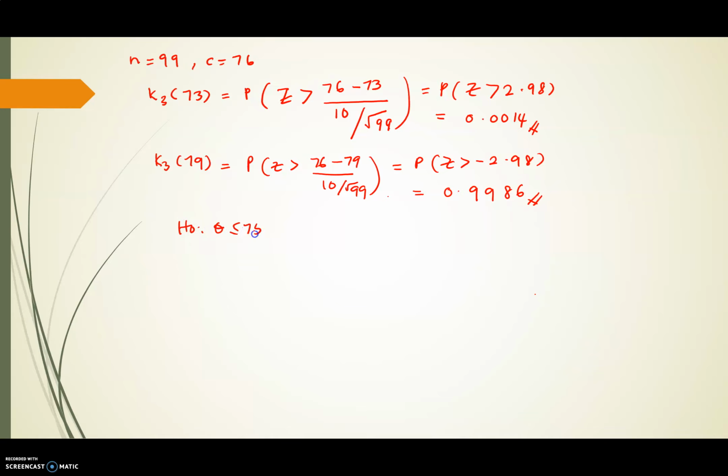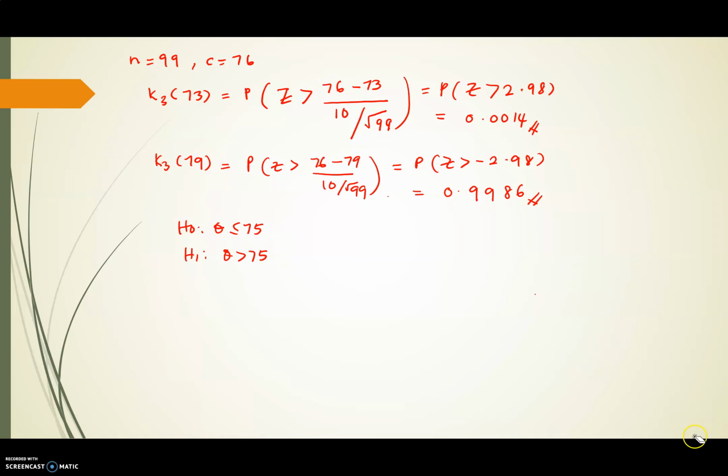So if we compare these two probabilities, our H0 in the first case is theta less than or equal to 75, and our alternative is theta greater than 75. When theta is 73, we reject H0 when H0 is true, and our probability is smaller, which is 0.0014.